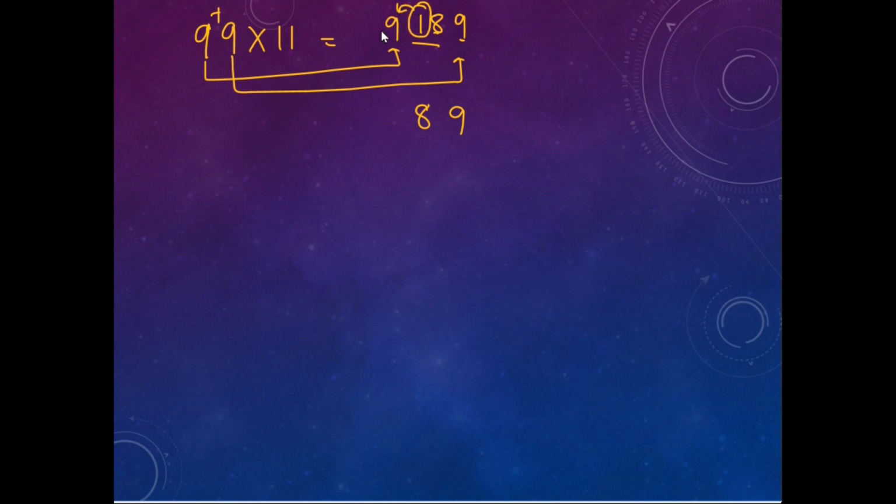Now your answer is 9 plus 1, which is 10. So this time you are getting a 4-digit number. Unless your first digit in the tens place is 9, you won't get a 4-digit number as the answer. When your first digit is 9 and you are getting the carryover, then your answer turns out to be 4 digits. Otherwise your answers will remain 3 digits.